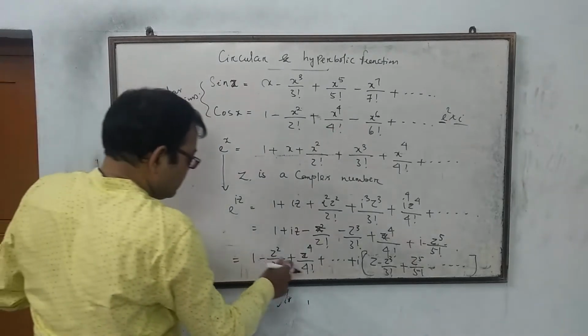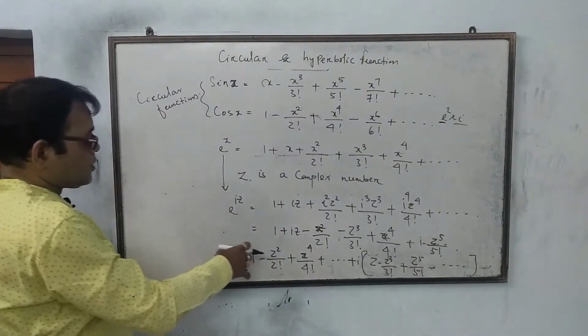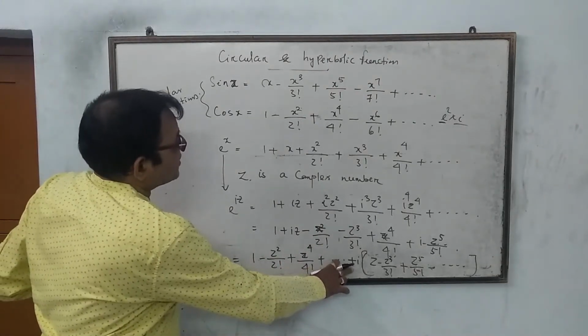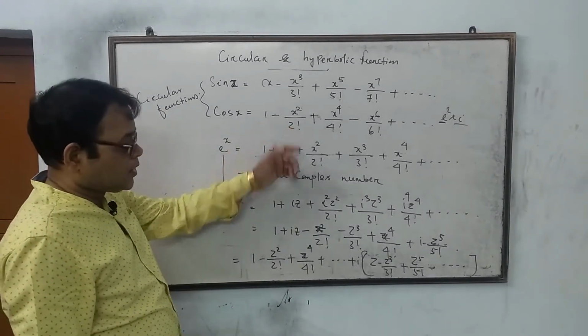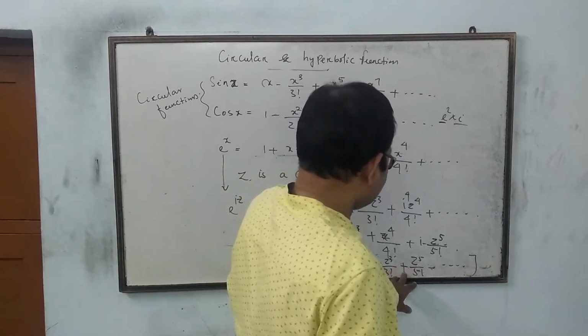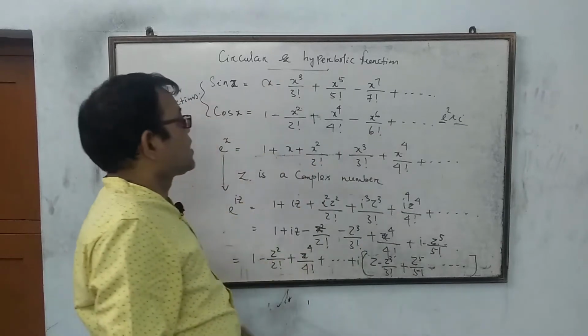If we compare this with the series, 1 minus z square by 2 factorial plus z fourth by 4 factorial minus, this can be written as cos z. Similarly, z minus z cube by 3 factorial plus, alternately, it will be sin z.